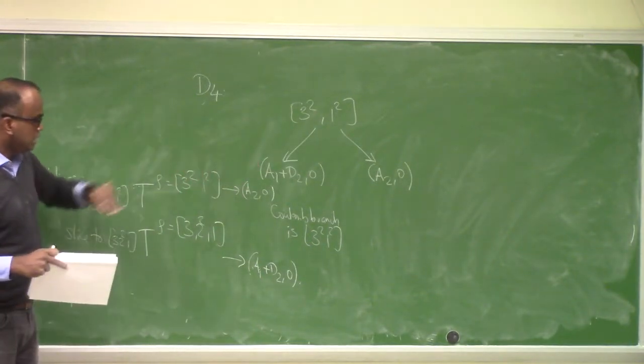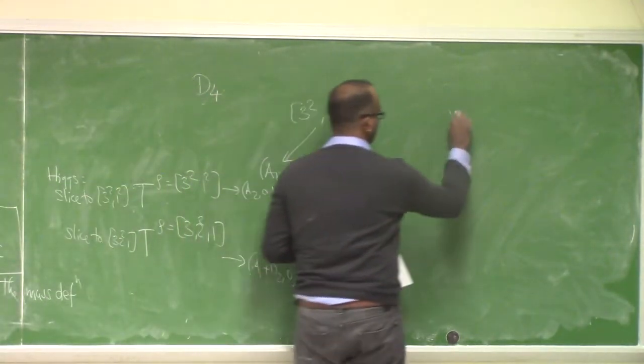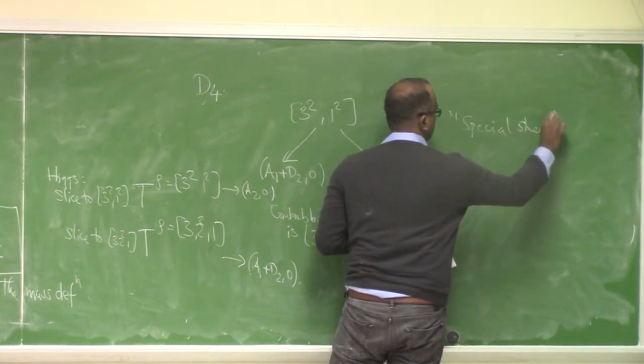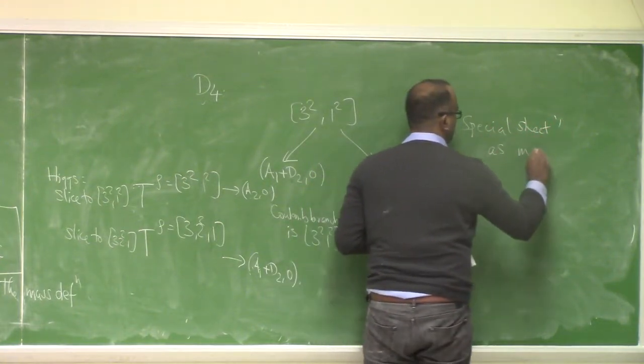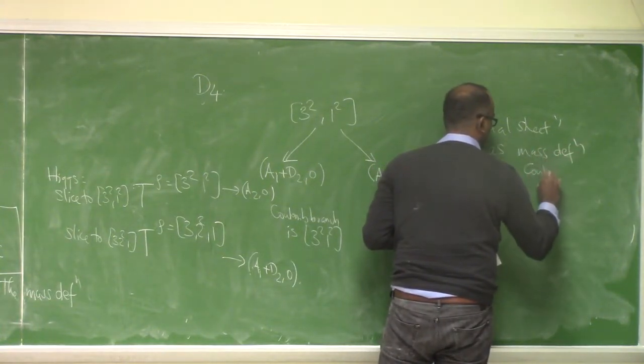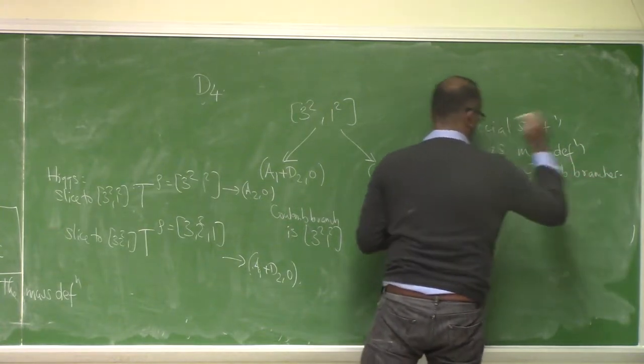Now, more generally, we don't get all sheets in this fashion. We only get what we call special sheets as mass deformed Coulomb branches.